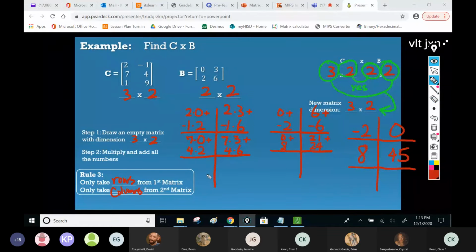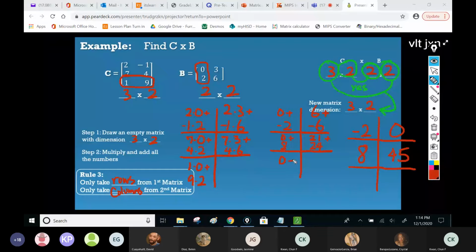All right, so the last two. Lower left is the third row, all right? Third row right here. First column. So we need the first column. That means we're going to have 1 times 0 plus 9 times 2.